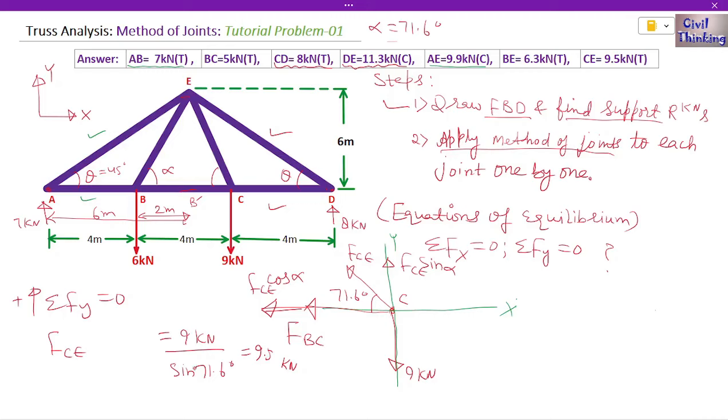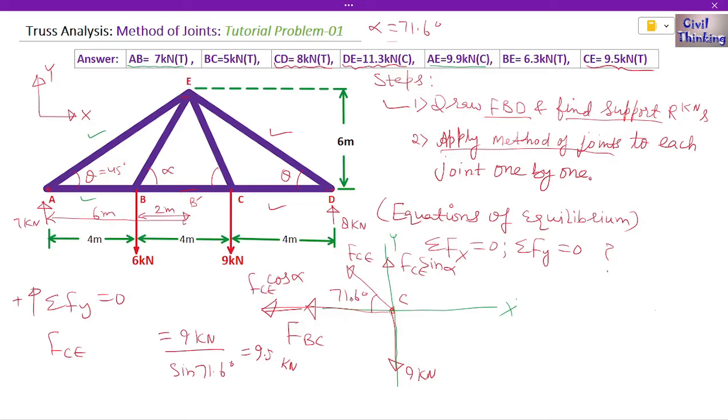So we get a positive value of 9.5. It means that the force in member CE is actually tensile. Why? Because we get a positive value, right? So it is actually 9.5 kilonewton, T for tension. So our calculations are right.